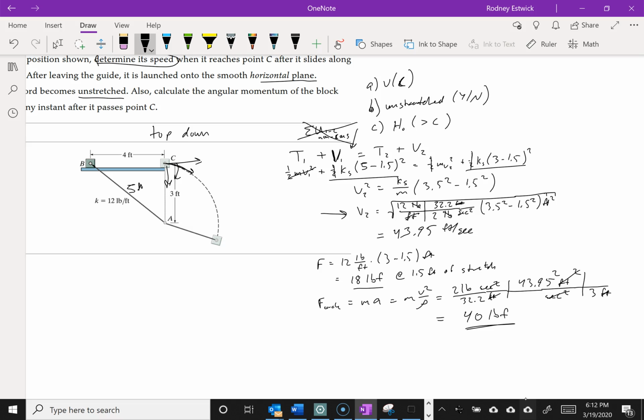The rubber band is providing 18, so no, in fact, this thing is going to open up, right, until such time as that rubber band is providing enough force to keep it on a circular motion. So no is the answer here. No. The velocity was 43.95 feet per second.